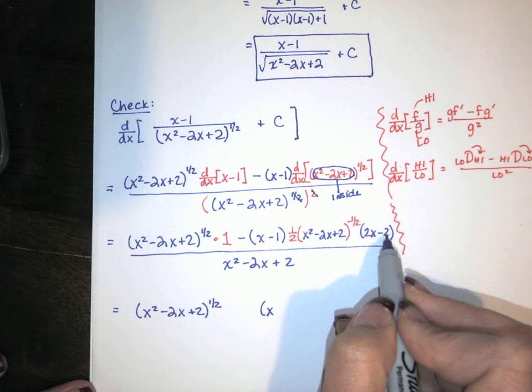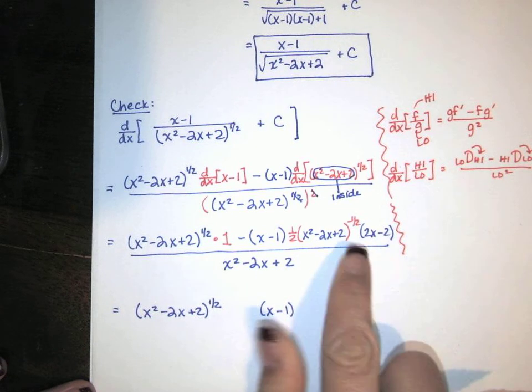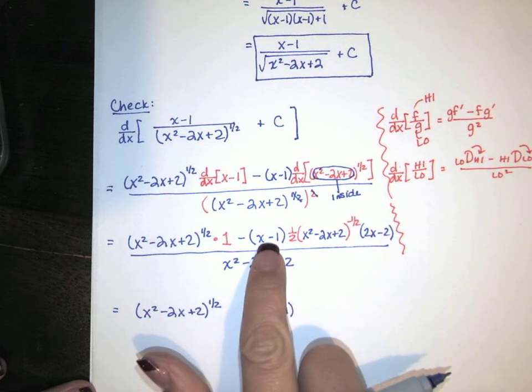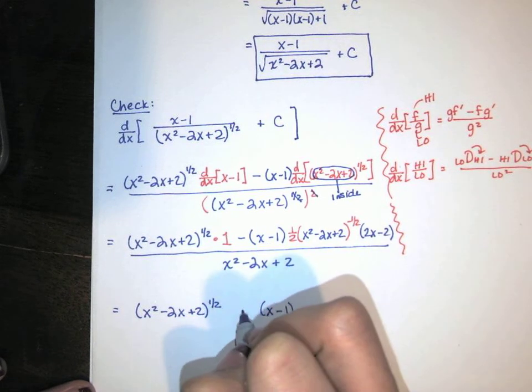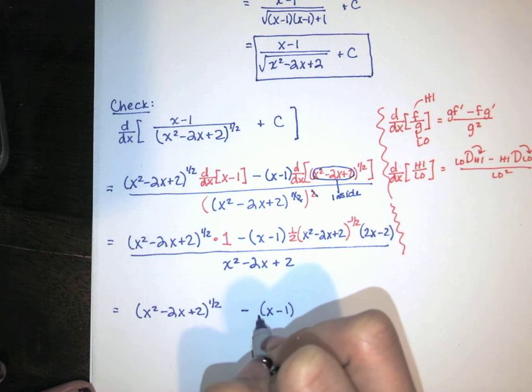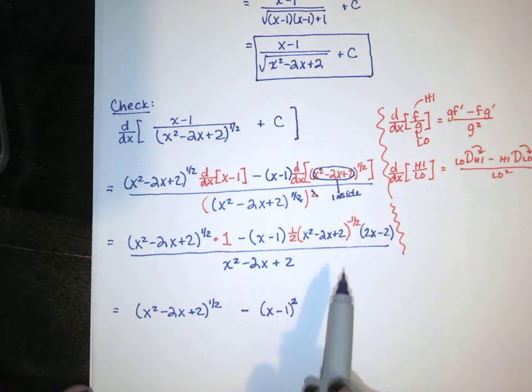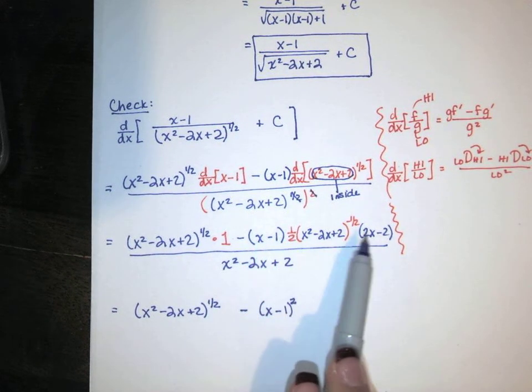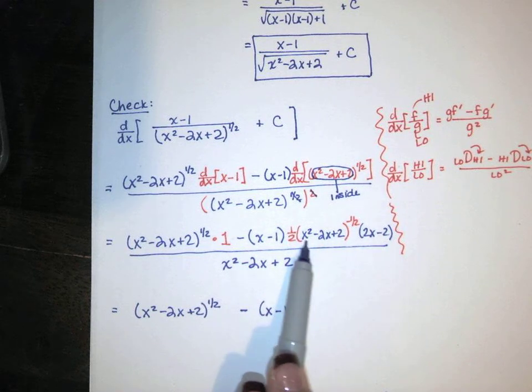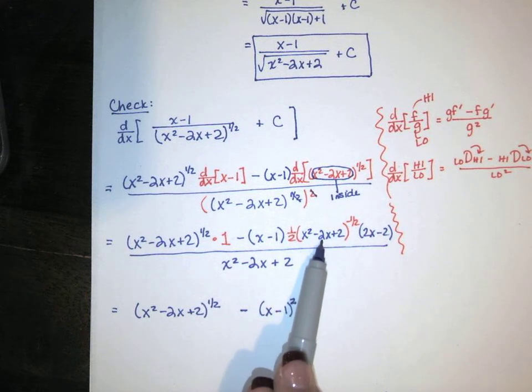And 1/2 times negative 2 is negative 1. So this times this is x minus 1, and there's already an x minus 1, so I've got x minus 1 times x minus 1, so two of them. And then I'm taking care of that, and that, and that. And that is square root of x squared minus 2x plus 2.